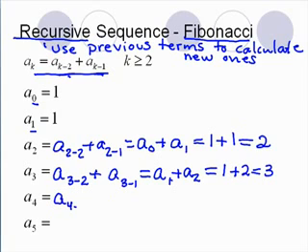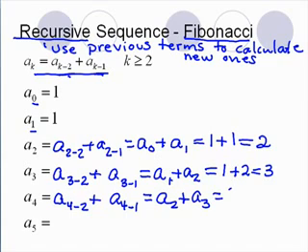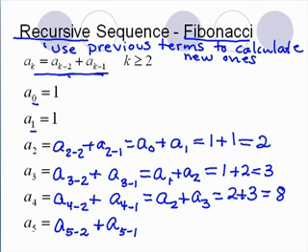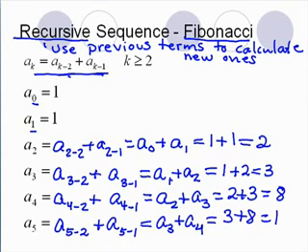A sub 4: again, we're going back 2 terms, so we're going to use a sub 2 and a sub 3, which were 2 plus 3, and that gives 5. Now for a sub 5, no different. You're doing 5 minus 2 and 5 minus 1. So that is a 3 plus a 4, which is 3 plus 5, which equals 8.